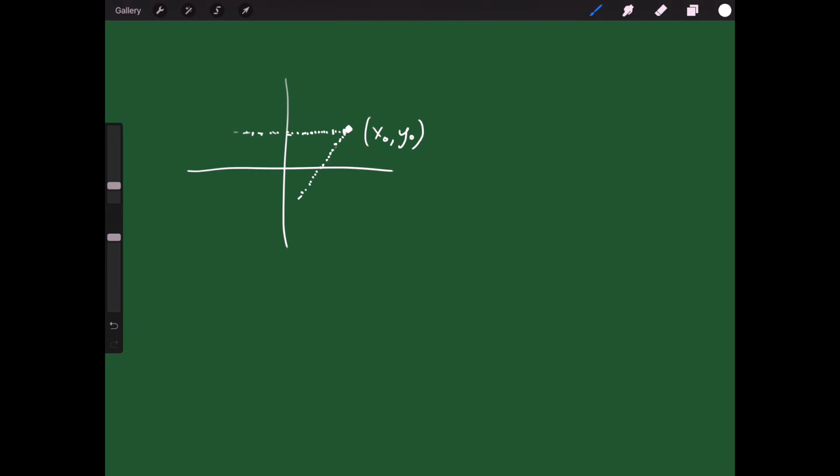Well, one path tells me the limit should be 2. The other path tells me the limit should be 3. It can't be both of those, so it must not have a limit. So if you can find two different pathways to the point which tell you that the limit should be two different things, then it must not have a limit there at all. Let's do an example of this so you can see kind of what I mean. So, quick example.